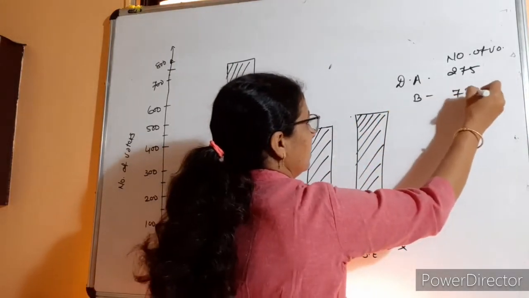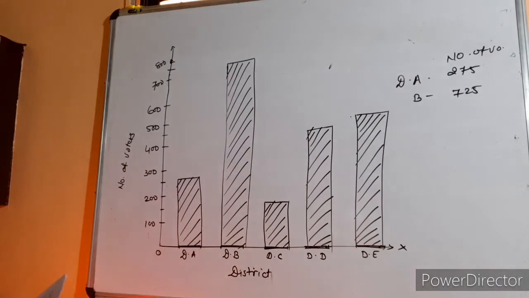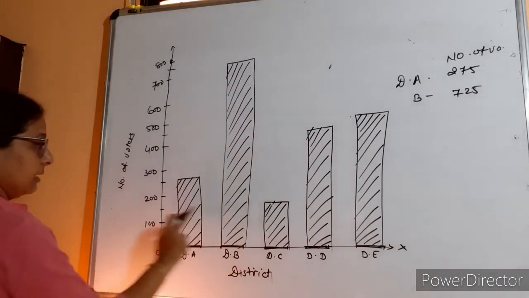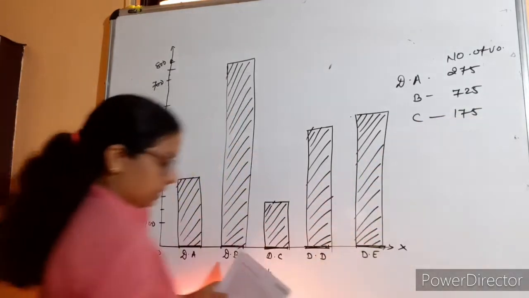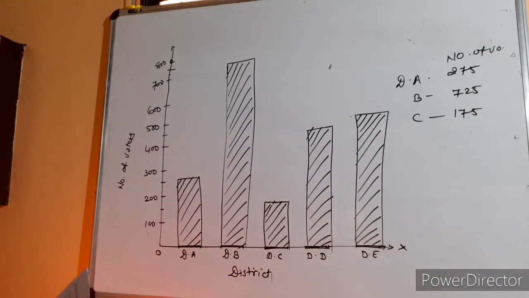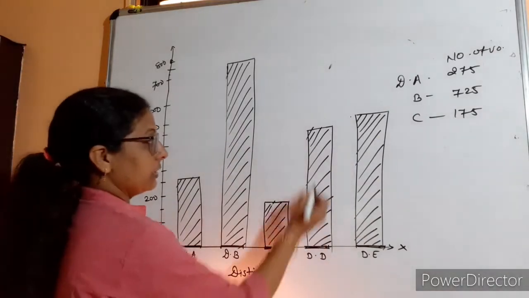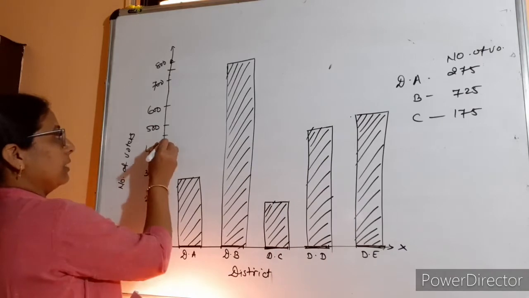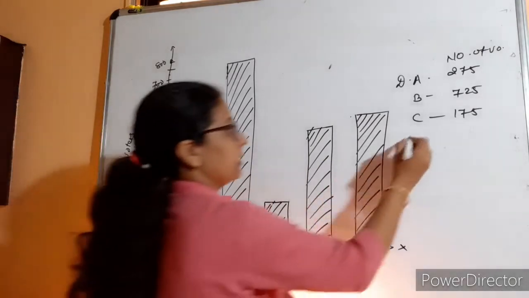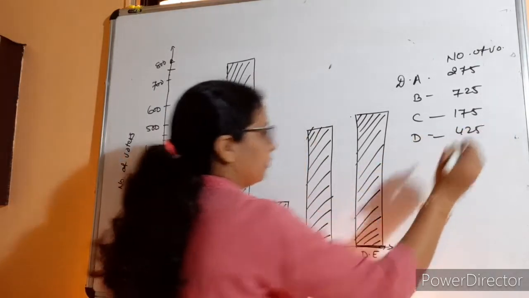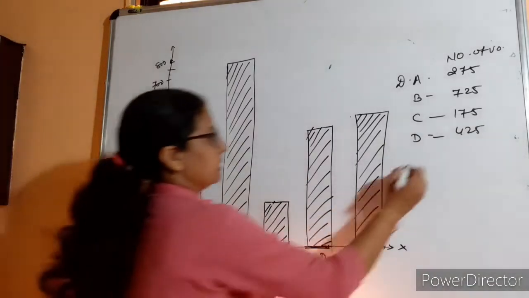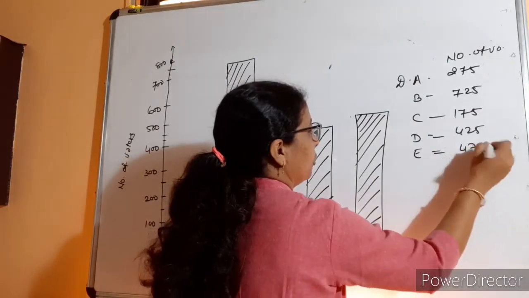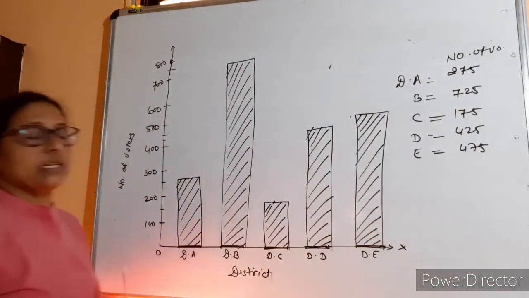District B, 725 voters are there. District C, it is 175, it is here, district C. This is 175. Then district D, it is 425. District D, above 400, between 450, that is 425. And district E, it is 475. Voters are there. This is the information given.